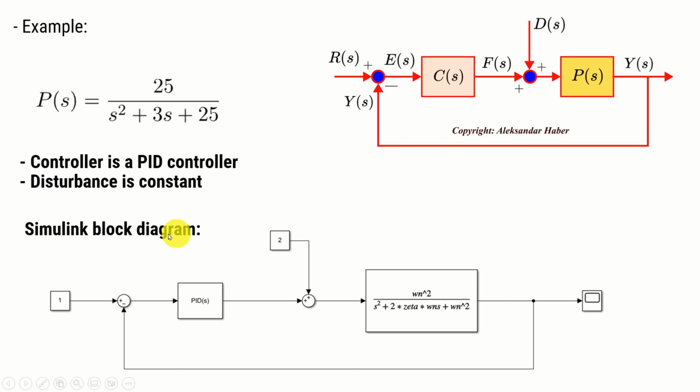And here is the Simulink block diagram, and as I mentioned previously, I created a separate video tutorial explaining how to simulate this particular example as well as disturbance observers in Simulink, and a link will be provided in the description below. Over here in this Simulink block diagram, we model this disturbance as a constant equal to 2. The reference signal is equal to 1. Here is our PID controller, and here is our transfer function.